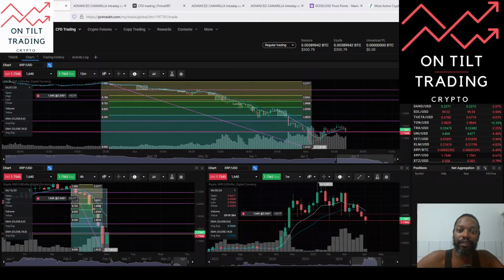On the 15, there's a crossover here of the 18 and the 9 that initiated this sell-off below the S4 level.